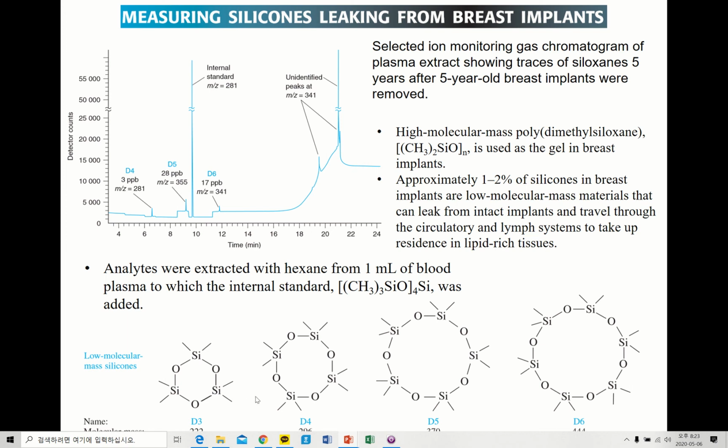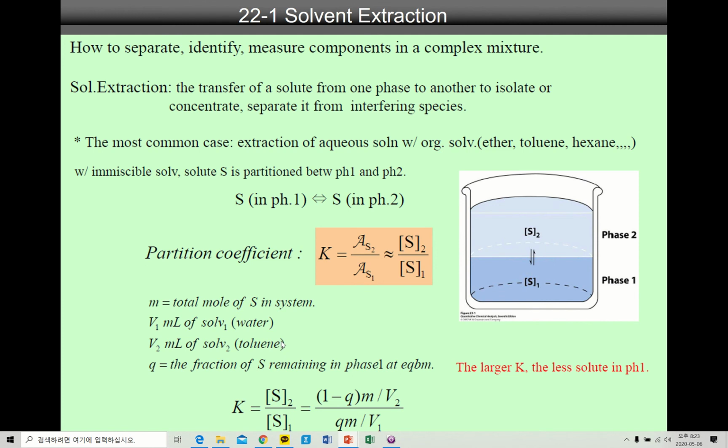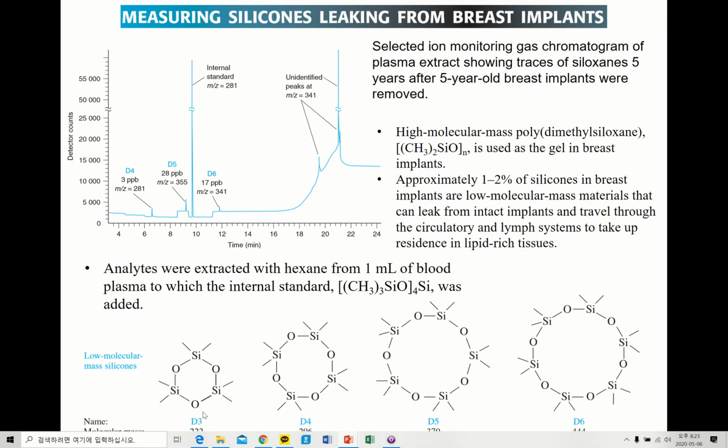This one, the name is T3, and the molecular mass is, I think, 300. Anyway, some of these compounds are detected by this selected ion monitoring gas chromatography.